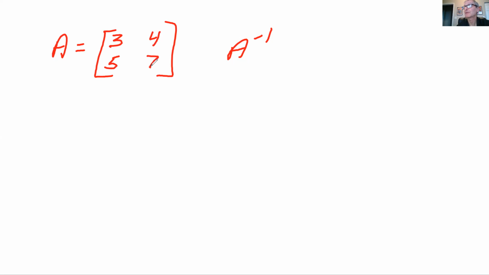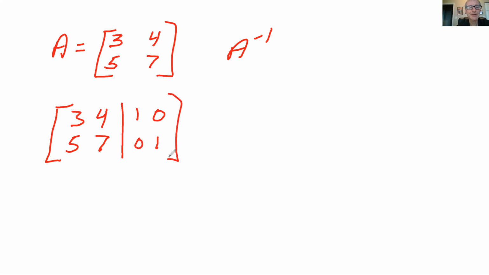So now if you're looking to find the inverse, the idea is you do this augmented matrix, and we're going to do this row elimination technique that we did in the previous section. So the augmented matrix looks like this: 3, 5, 4, and 7. And then you're going to augment it with the identity. And the strategy is to make the A matrix look like the identity, and what's left would be the inverse.